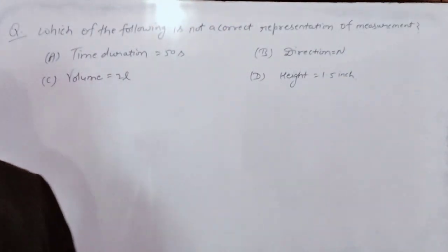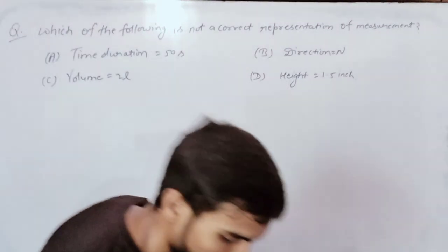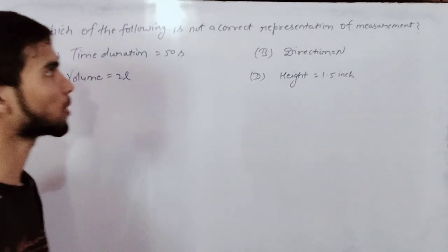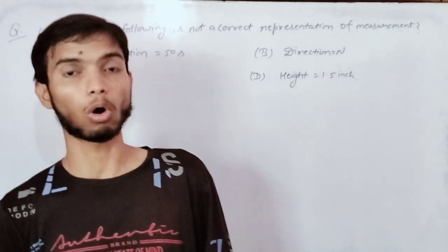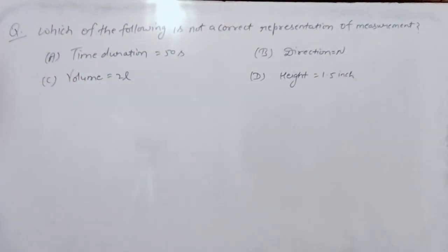Now this is the first question based on this lecture. The question is, which of the following is not a correct representation of a measurement? Time duration.